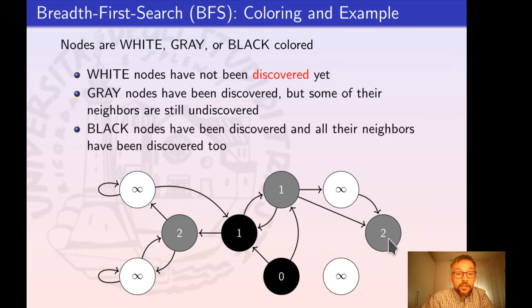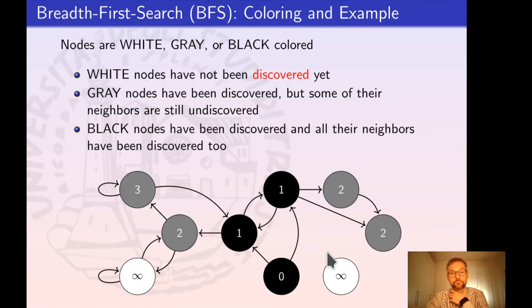And again, by reaching this node, I should gray color it, and I should update its distance from the source, as you can see. But in this specific case, this node does not become black. Why? Because I have another white node in the neighborhood of it, which is this one. So let's try to see. Now this node becomes 2, and since no more white nodes are in the neighborhood of 1, this node becomes black. Okay, let's move on quickly.